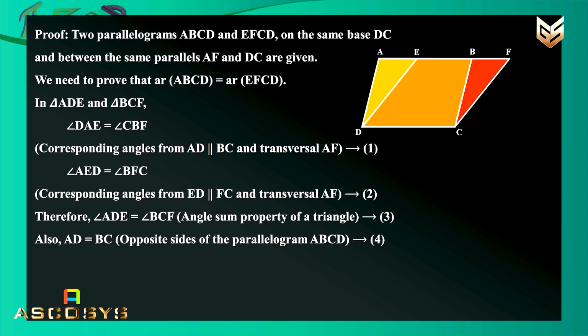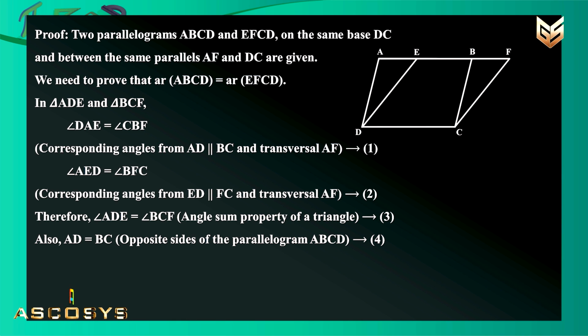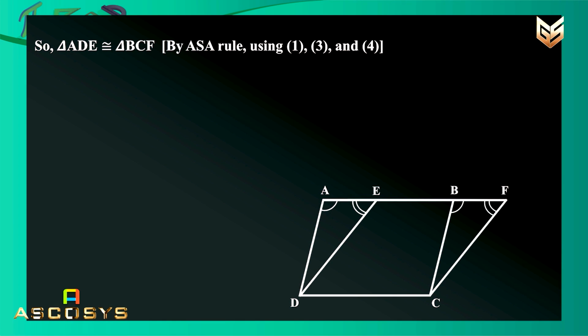Now AD is equal to BC. Why? Opposite sides of a parallelogram, that means opposite sides of the parallelogram ABCD. Let it be equation number 4. So now we can say that triangle ADE is congruent to triangle BCF. Why?